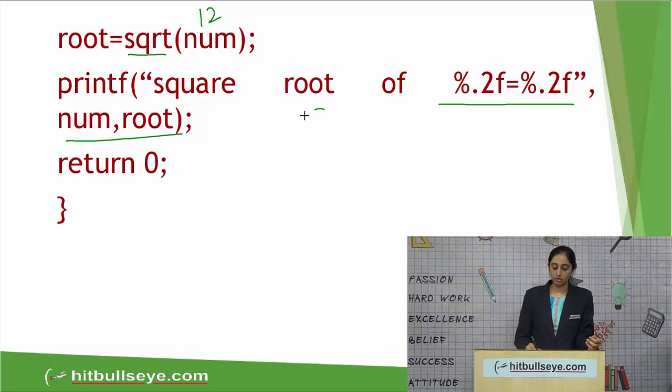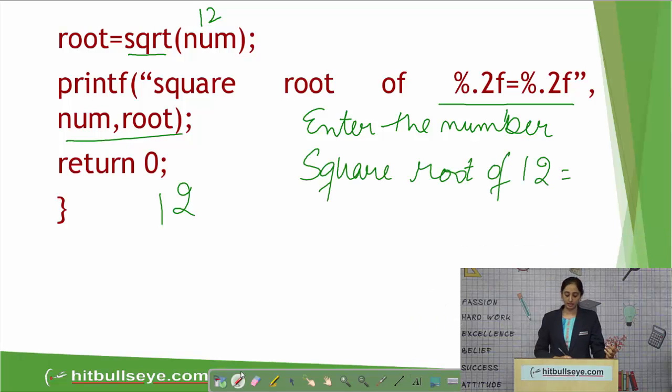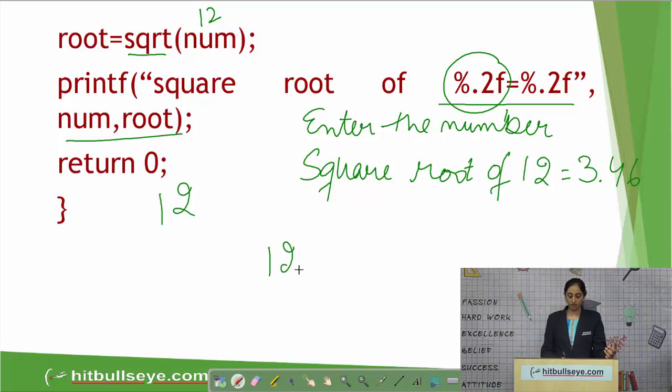Here the output screen shows enter the number. Suppose the user enters the number 12. So the output screen says the square root of 12 is equal to 3.46. So what is the use of this? It says the square root of 12 is 3.4641, but by using .2, it means that after the dot only 2 digits should be shown.